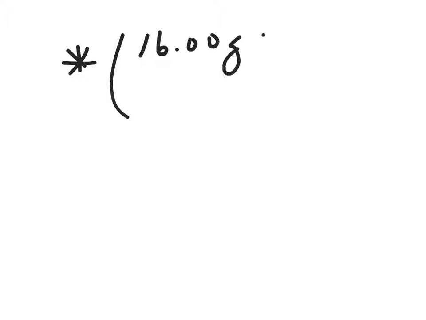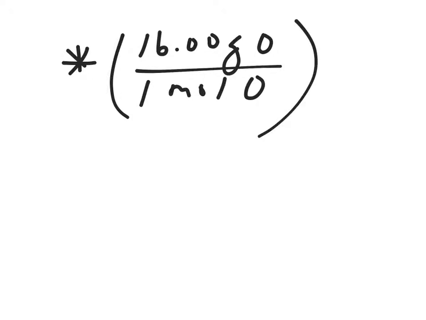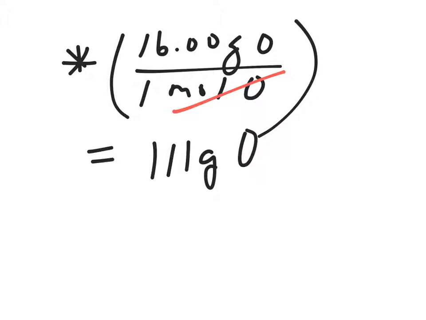So if we keep going where we left off, which was the mole ratio of oxygen to water, you would do one more step and multiply by the mass of oxygen, 16.00 grams of oxygen per 1 mole of oxygen, then your moles of oxygen cancels out, leaving you with units of grams of oxygen, which comes out to be 111 grams of oxygen.